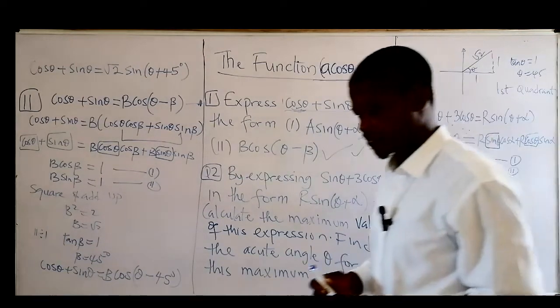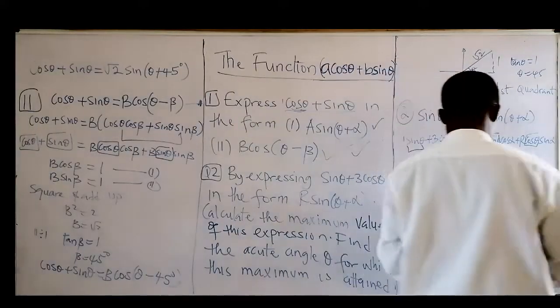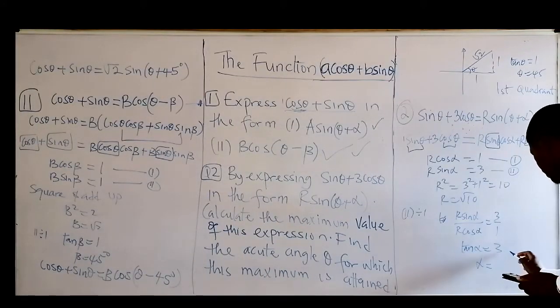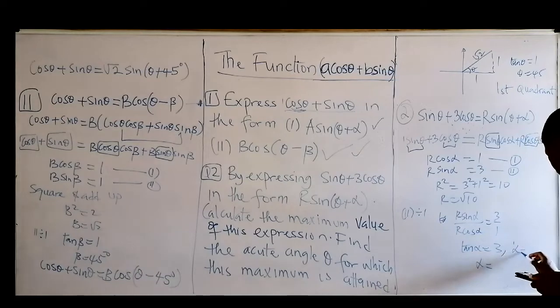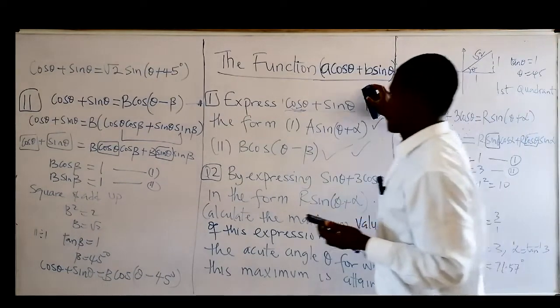Alpha is arctan 3, which is 71.57 degrees.